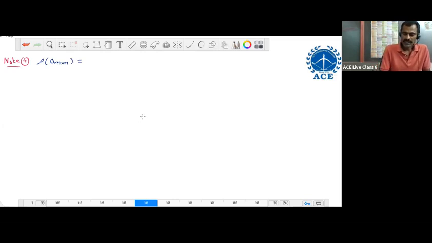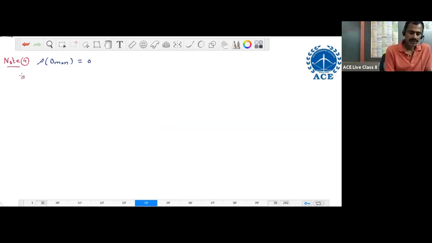The zero matrix is denoted by capital letter O because we use capital letters to denote matrices, and small letters to denote the elements of the matrix. So the rank of a null matrix is always 0. Only for a zero matrix is the rank 0. For a non-zero matrix, the rank is never 0.